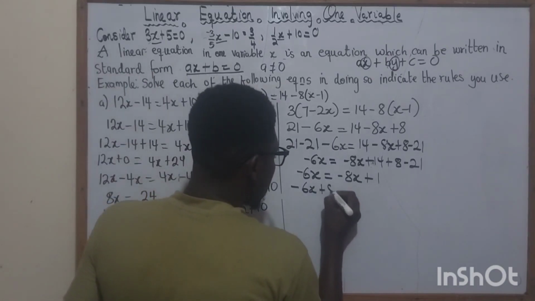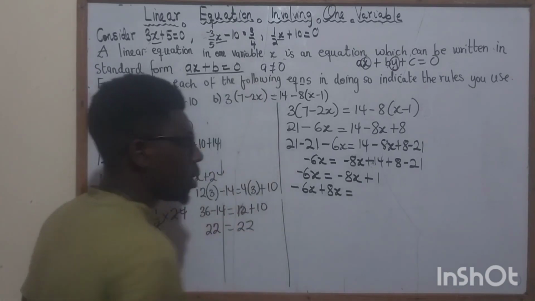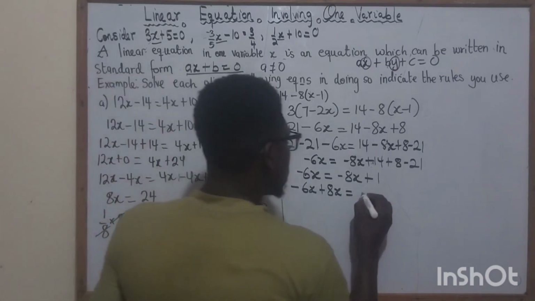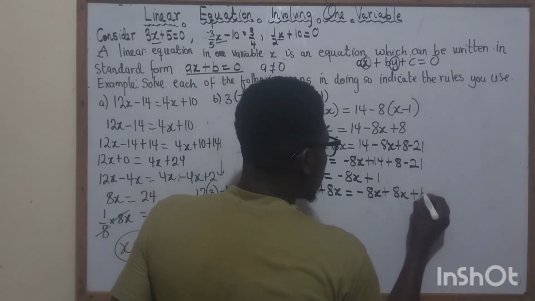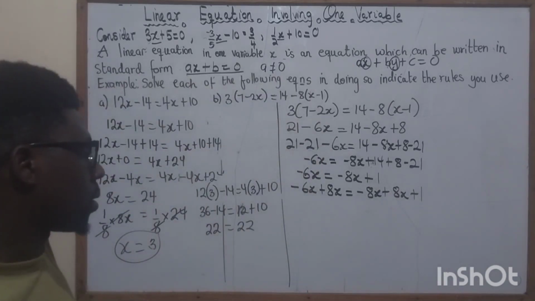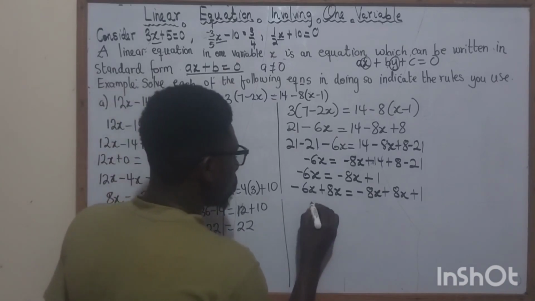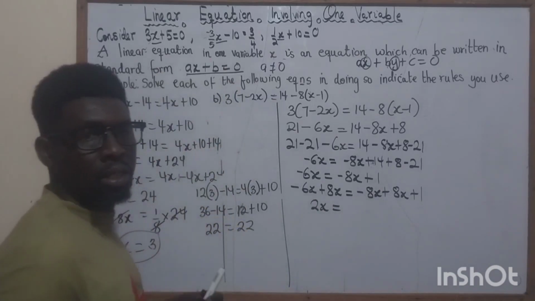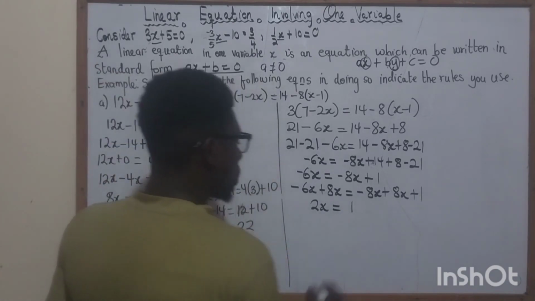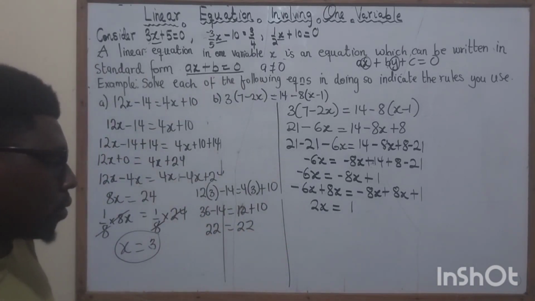So I'm going to add 8x to the left-hand side of the equation and do the same to the right-hand side of the equation. Okay, so I get something like this. This is going to give me 2x. Negative 8x plus 8x gives me 0, leaving me with 1 at the other side of the equation.